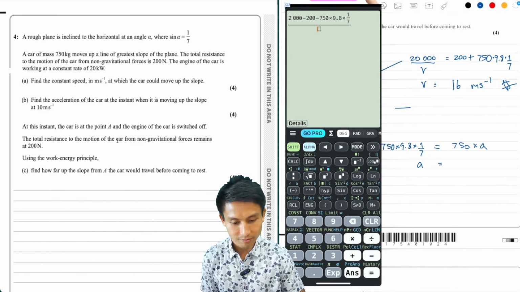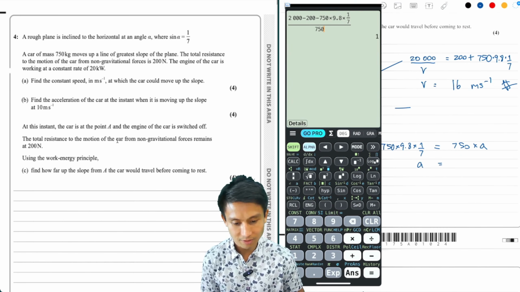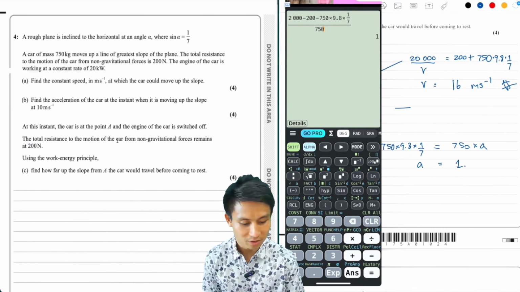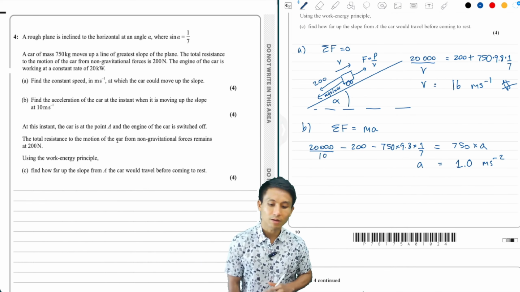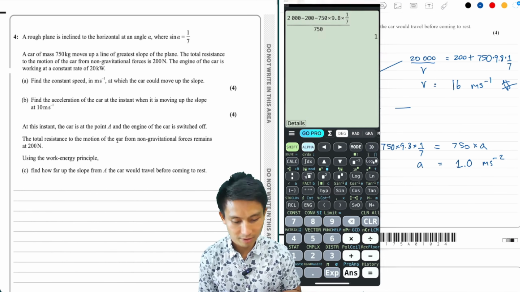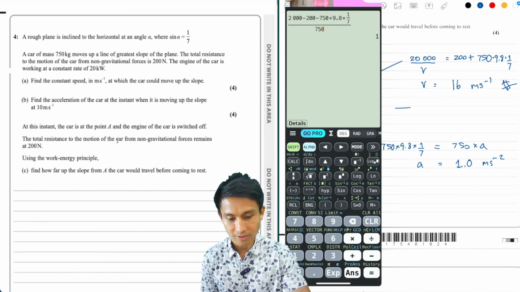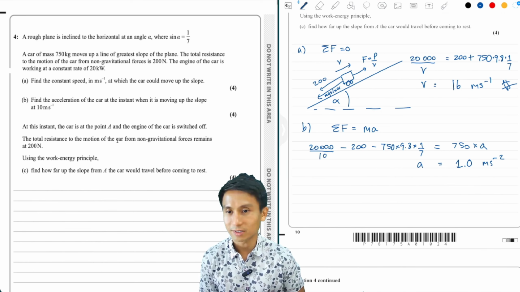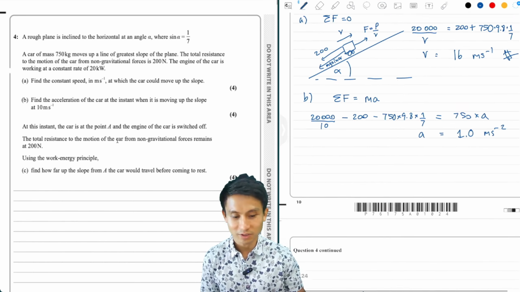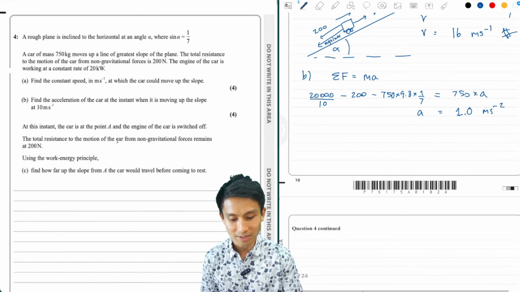And then divided by 750. Okay, so acceleration is 1. I'm just going to make it two significant figures there. Okay, is that right? Let me just check. Okay, yeah, should be. 1 meter per second squared. Okay, that's the acceleration when it's moving up at the speed 10.